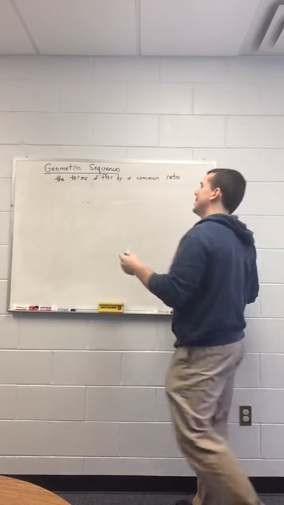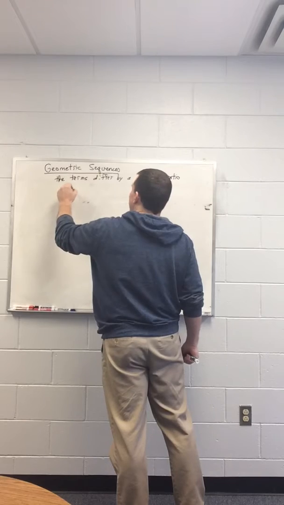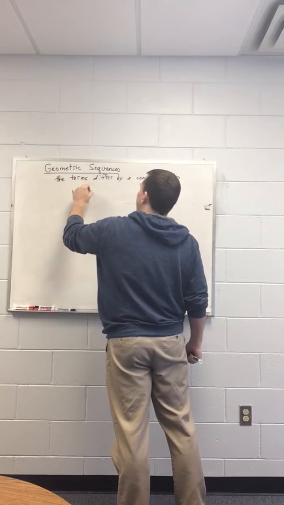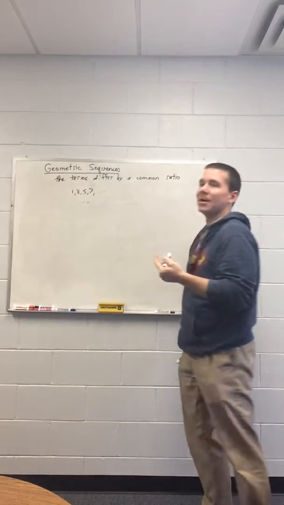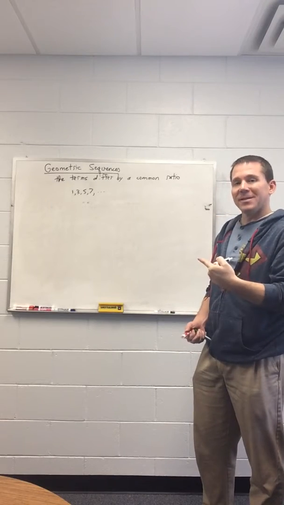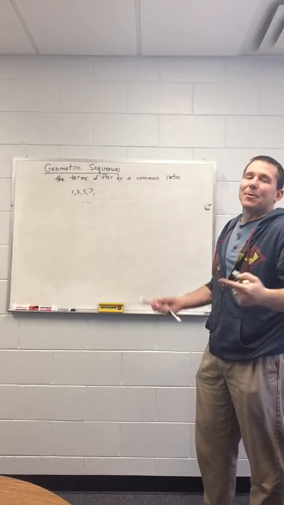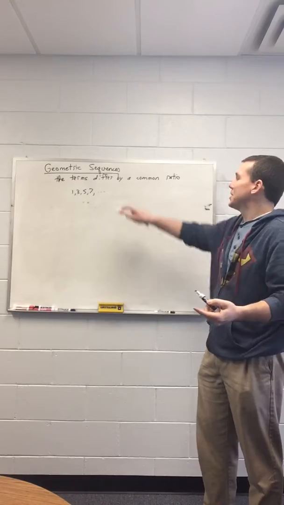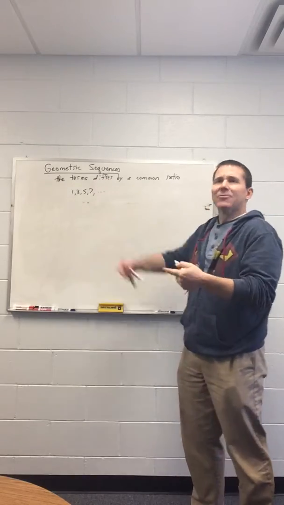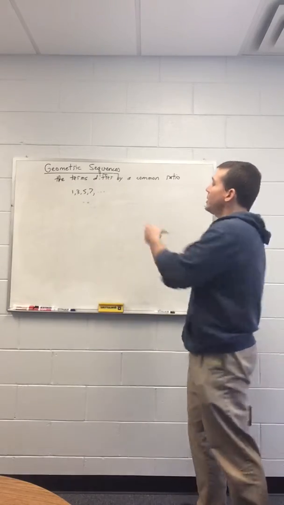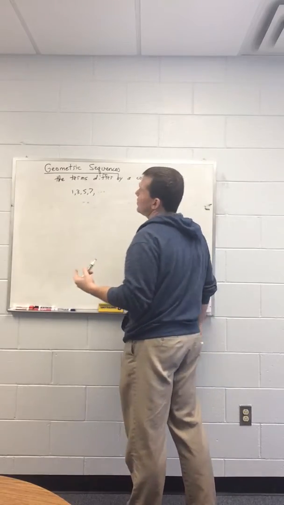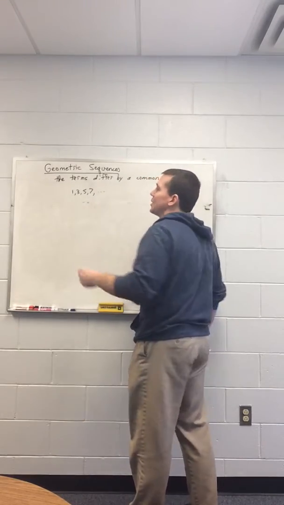The idea is, for the arithmetic sequences, we had something like 1, 3, 5, 7, and so on. They had a common difference, and you added to get from one term to the next. When we talk about geometric sequences, instead of using addition, we use multiplication and ratios.